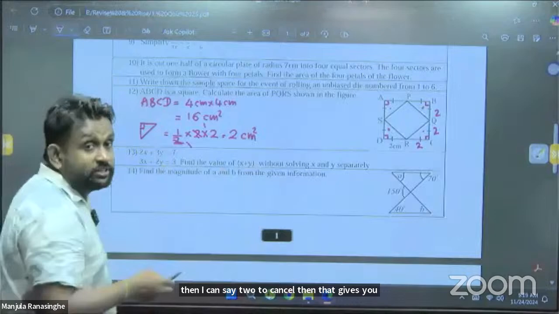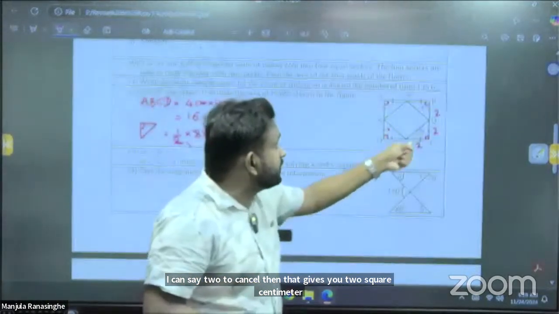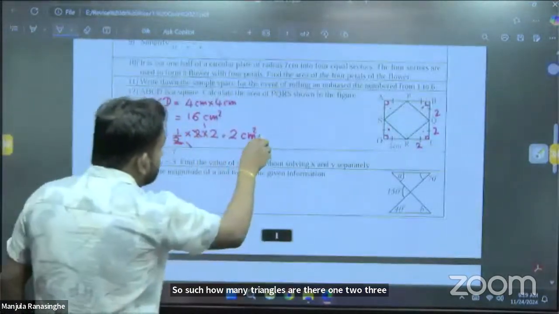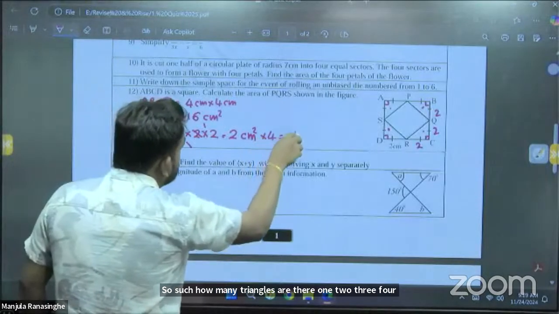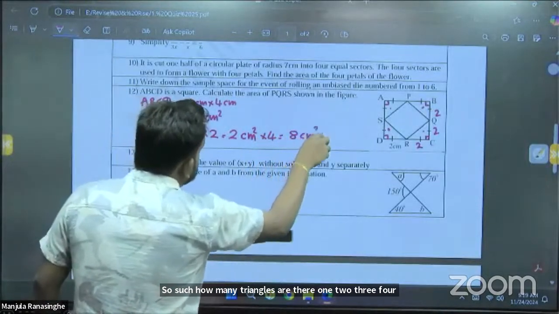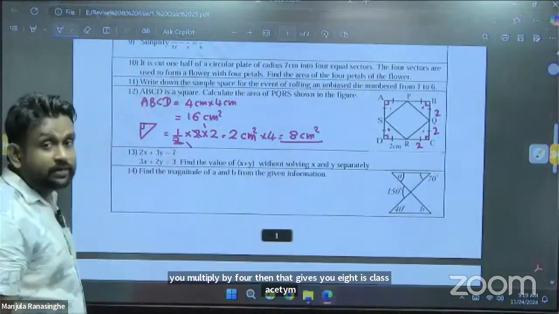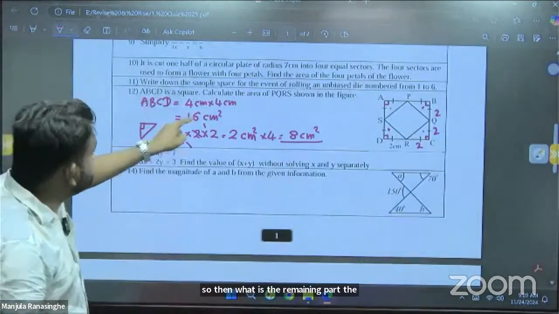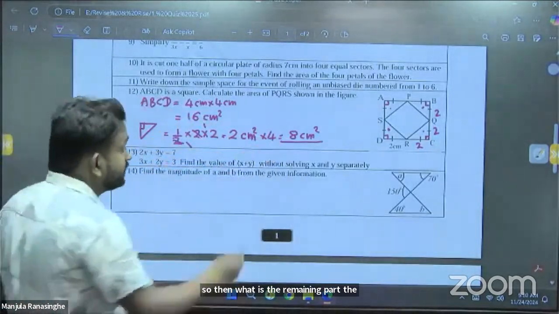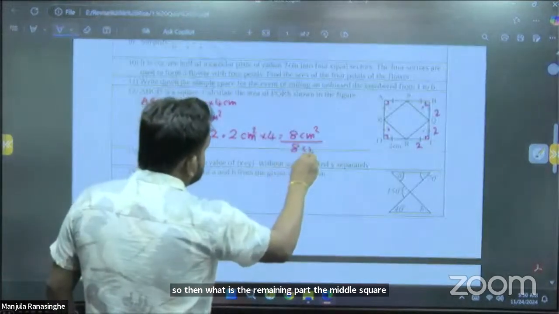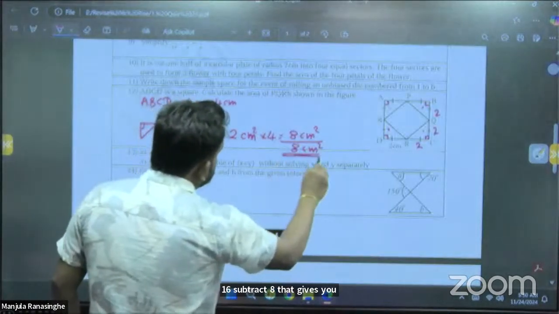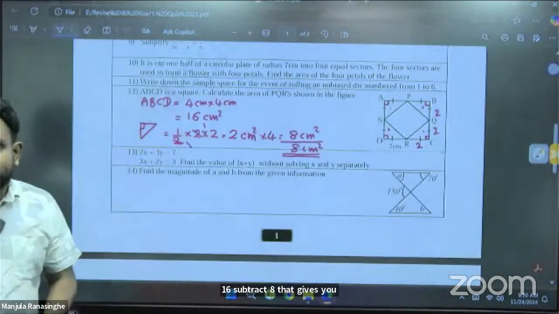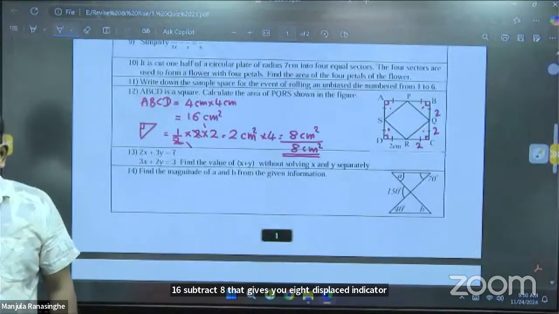So how many such triangles are there? 1, 2, 3, 4. Right. Then you multiply by 4. Then that gives you 8 square centimeter. So then what is the remaining part? The middle square: 16 subtract 8, that gives you 8 square centimeter. Okay, right. 8 square centimeter.